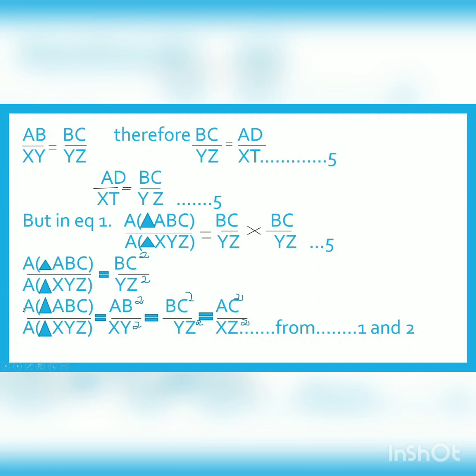Therefore, area of triangle ABC upon area of triangle XYZ is equal to BC square upon YZ square. BC and YZ both are corresponding sides of triangles ABC and XYZ.